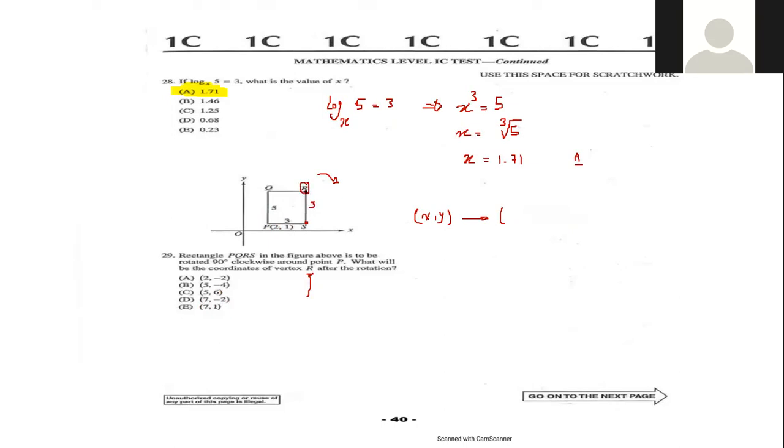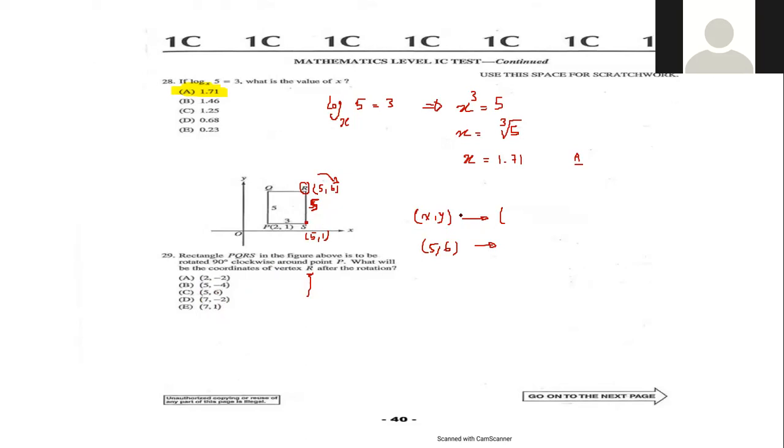R is originally here at 5 and 6, while S is 5 and 1. When we do the rotation, I suspect there may be a mistake in the choices, but maybe not.